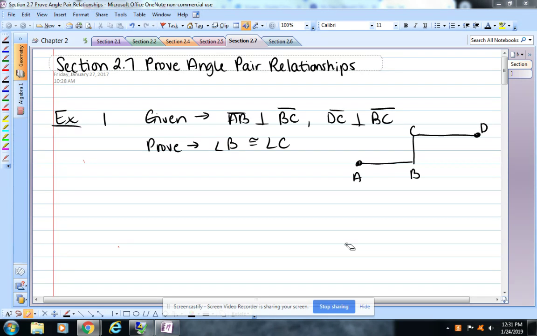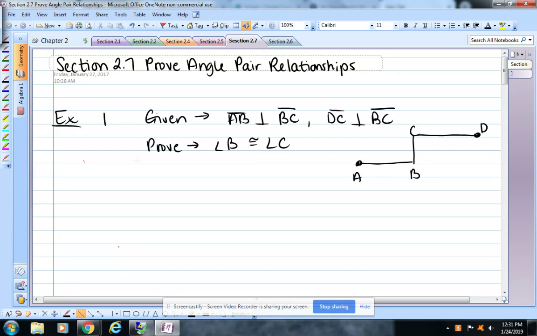So there are three congruent angle theorems that will help us in doing proofs, knowing when things are congruent, and finding their measures. Here's the first example of a proof involving these things. The givens are segment AB is perpendicular to segment BC, and segment DC is perpendicular to segment BC, and it has this figure drawn. We're going to prove that angle B and angle C are congruent to each other.